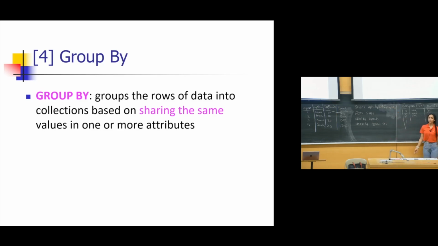Is this correct? Anyone? No one? Can I select department number, staff ID, and average salary from the staff group by department number?